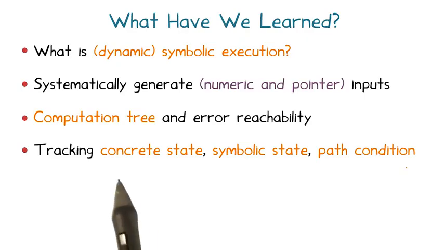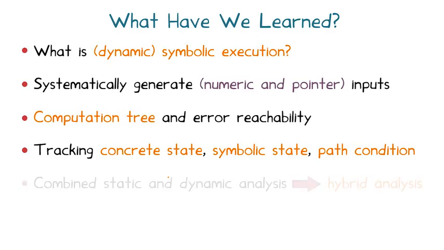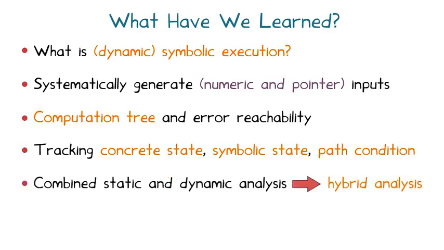It uses the dynamic concrete state to simplify the static analysis part of constraint solving, and it uses the static symbolic state to guide the dynamic analysis part of selecting non-redundant concrete inputs to exercise next. In this way, it is a hybrid between dynamic and static analysis.